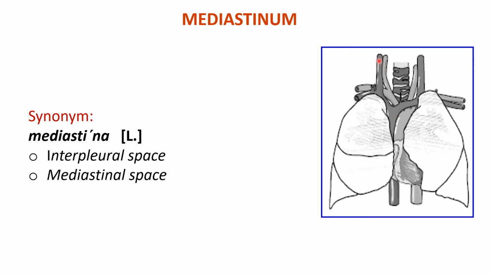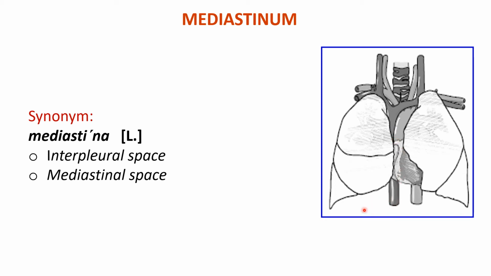On the right side, similarly, you will be seeing the right internal jugular vein, right subclavian vein joining to form the right brachiocephalic vein. So the right and left brachiocephalic veins join and form the superior vena cava, which opens into the right atrium of the heart.